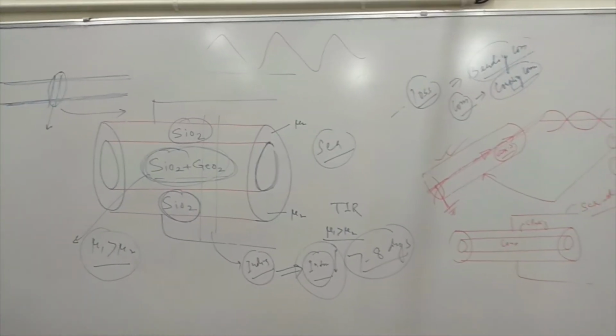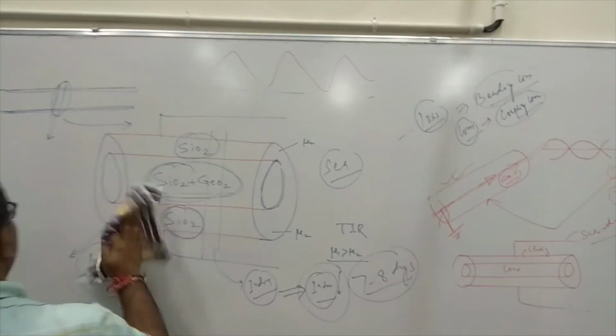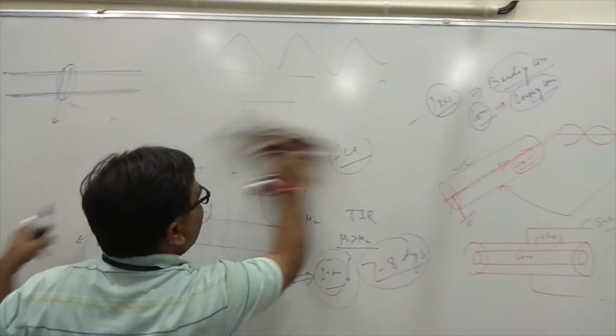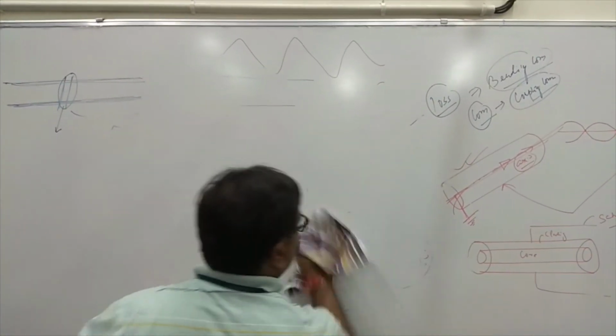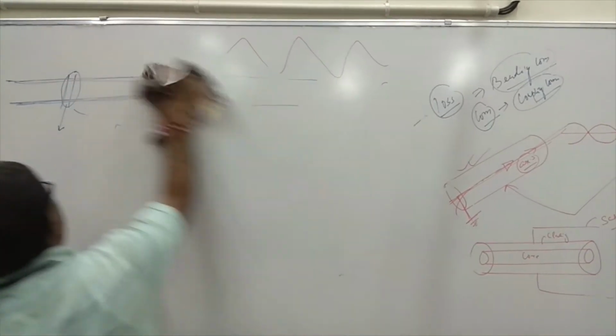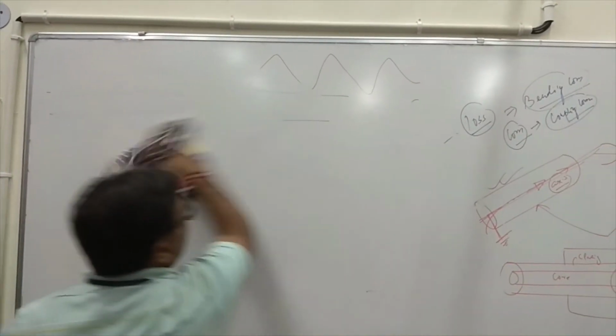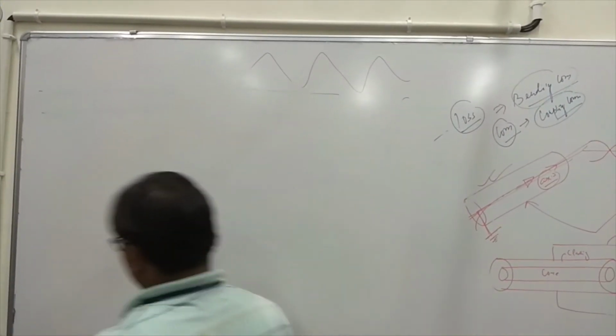So just see, just draw one table, with satellite communications on the left side and optical fiber communication on the right side, or vice versa. Please draw one table.